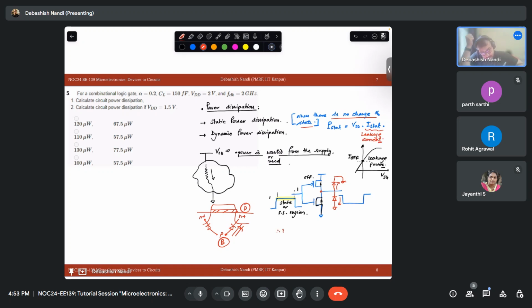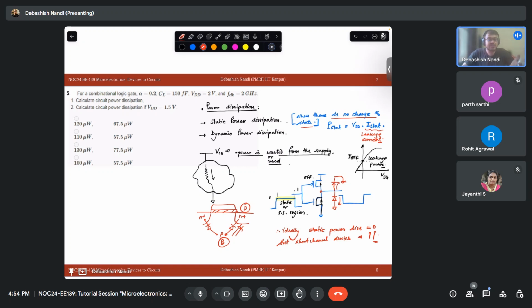Ideally, static power dissipation should be 0. But in short channel devices, for that matter any devices, this has started to increase. And this is causing so many issues in devices nowadays.